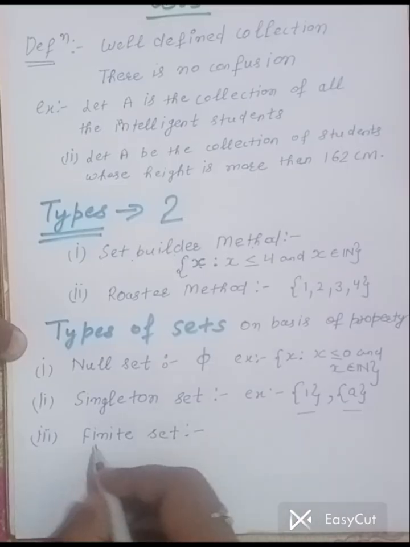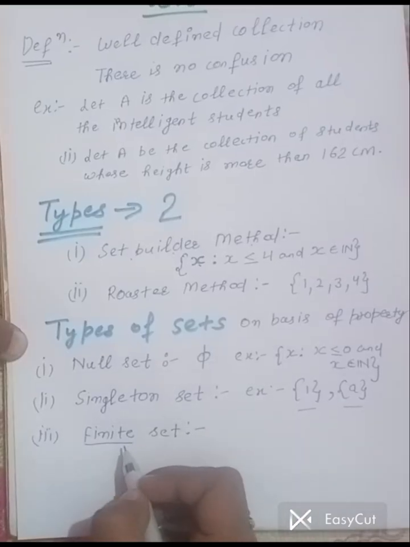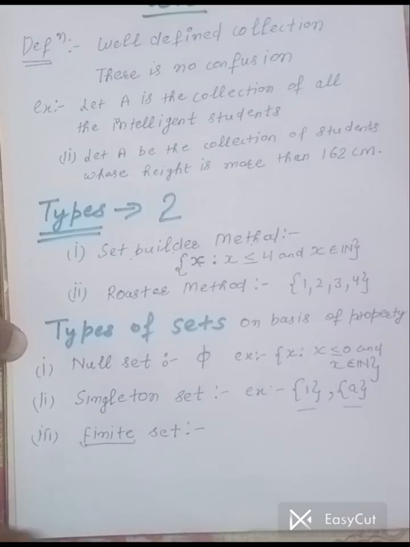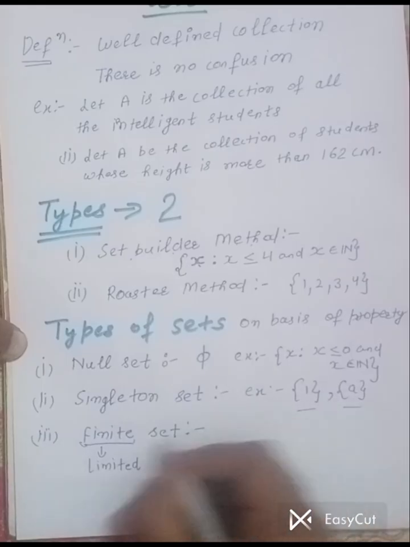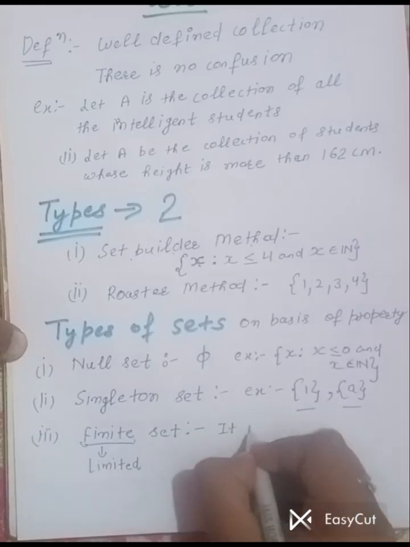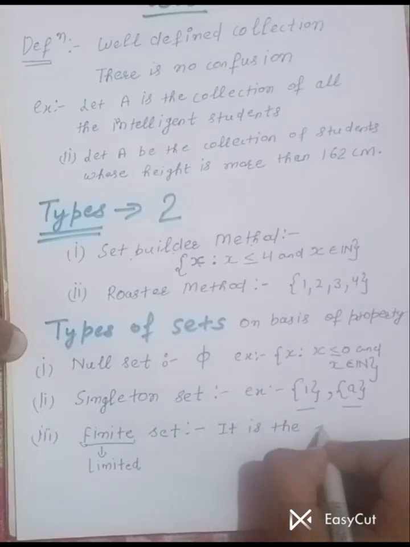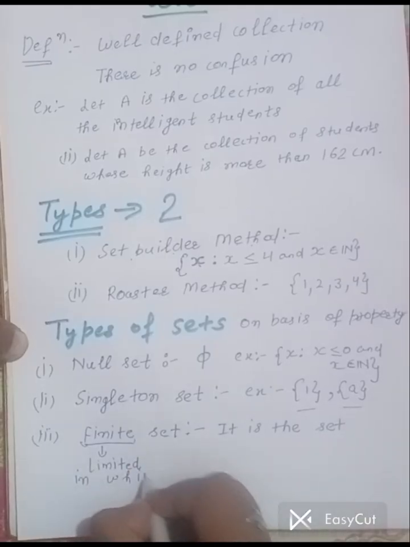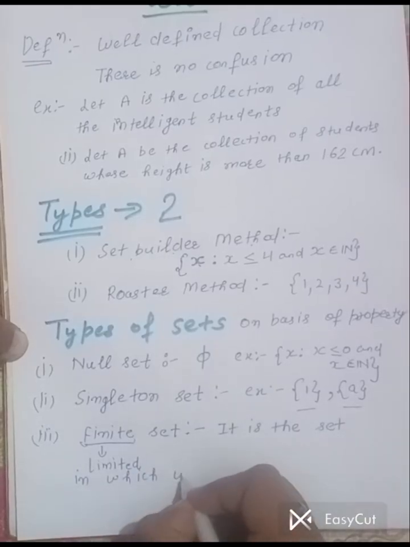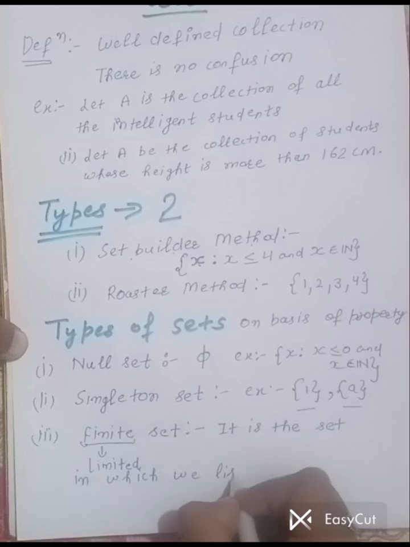Third one is the finite set. So we all know what finite means. Finite means limited. Also it is a set in which we can list the elements.